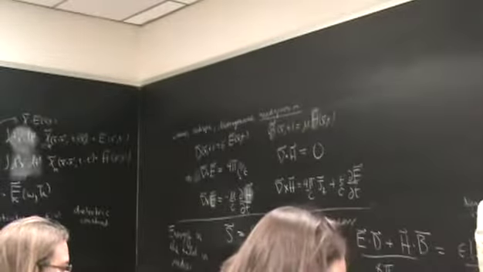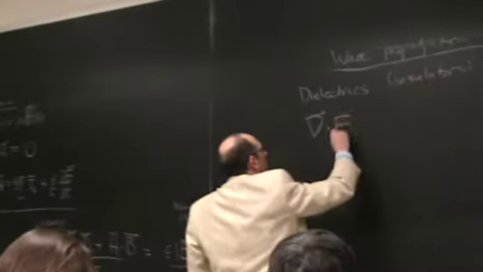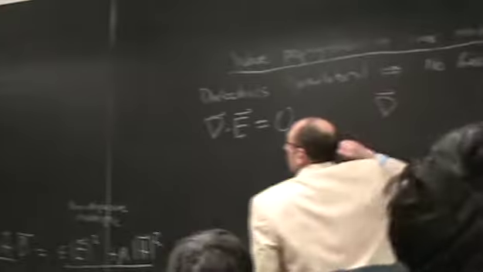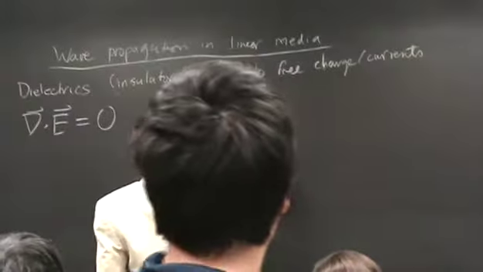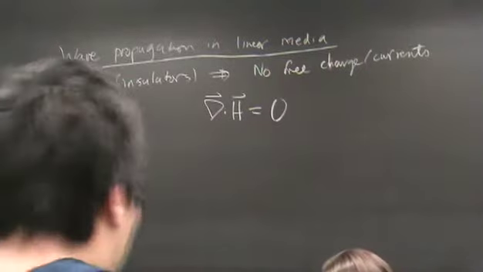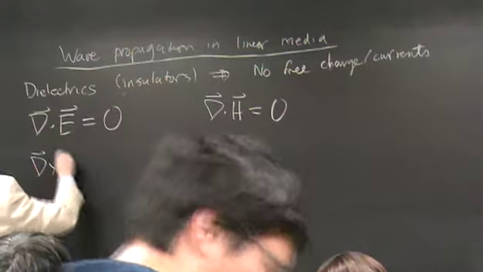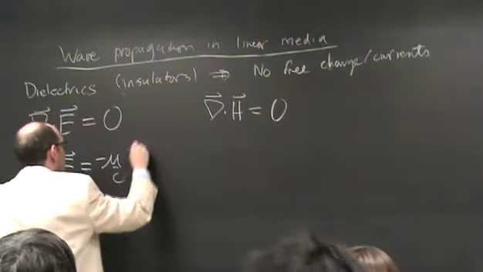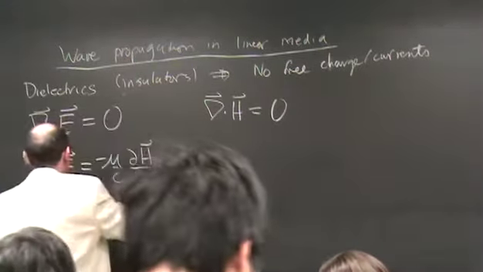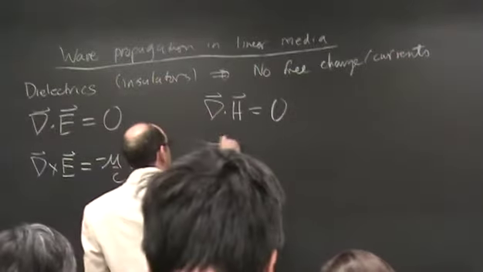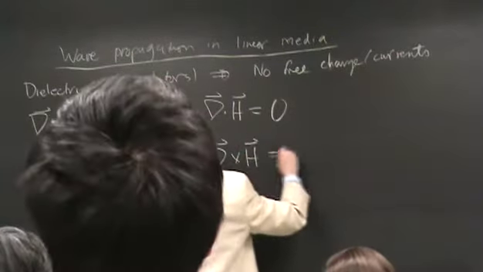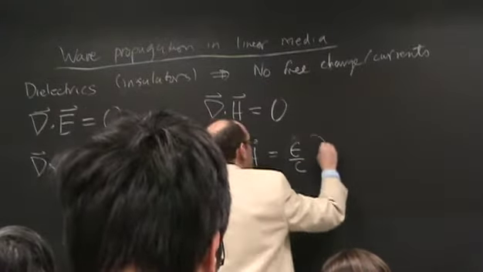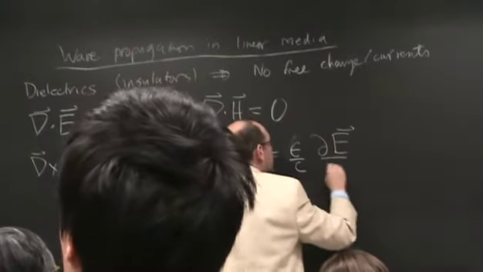So under that case, we have del dot E is equal to 0, del dot H is 0, del cross E is equal to minus mu over c, dH/dt, and del cross H is epsilon over c, dE/dt.